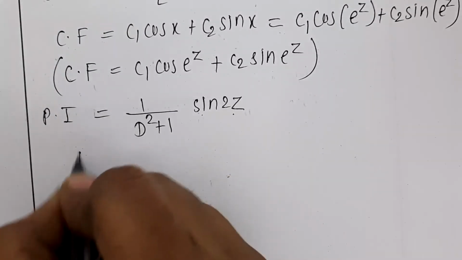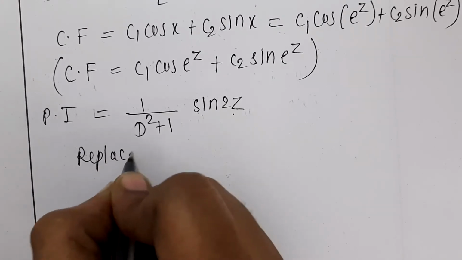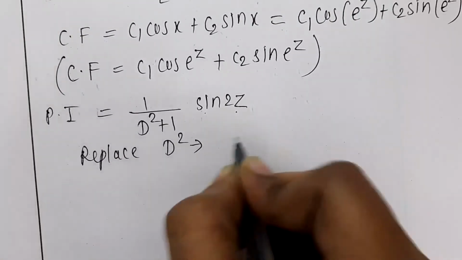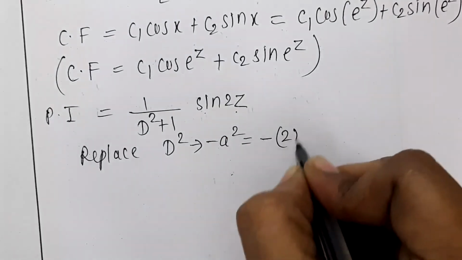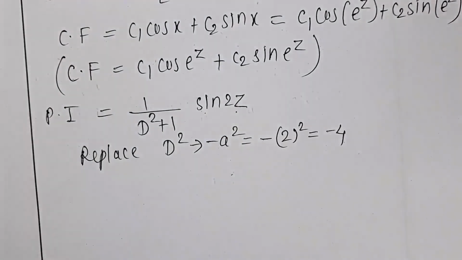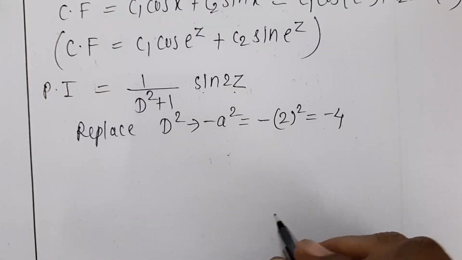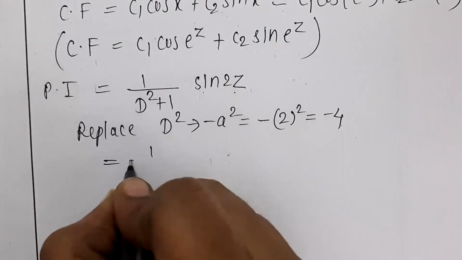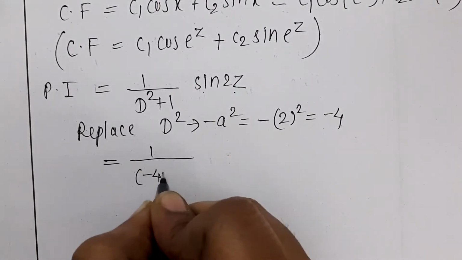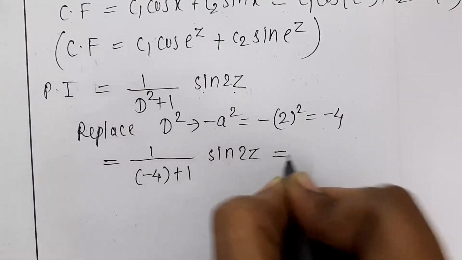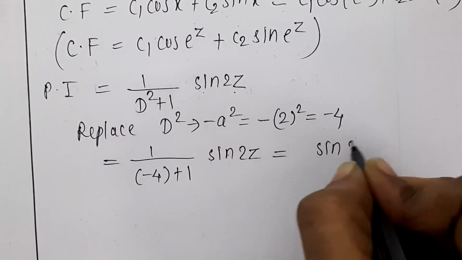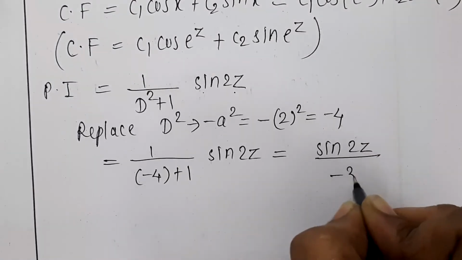What is the replacement for a trigonometric term? Replace D square by minus a square, which is minus 2 square, which is minus 4. Now replace D square by minus 4: it is equal to 1 upon minus 4 plus 1 multiplied by sine 2z, which is equal to sine 2z divided by minus 3.